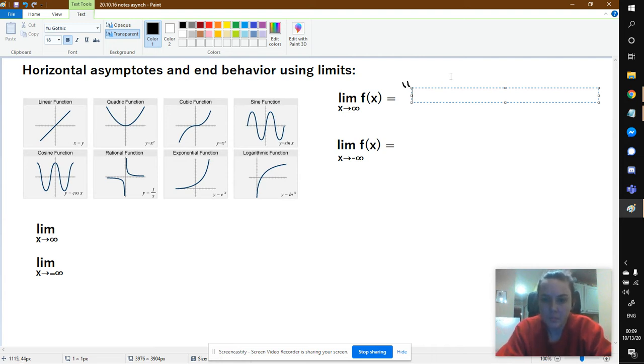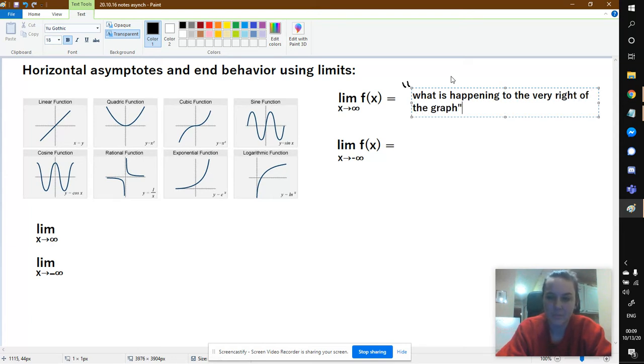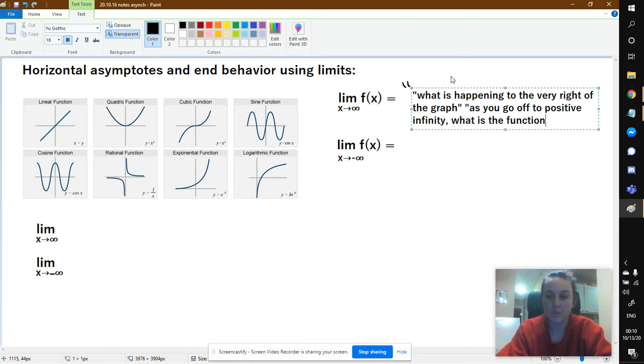This means what is happening to the very right of the graph, or it's just talking about as you go off to positive infinity, what is the function doing?